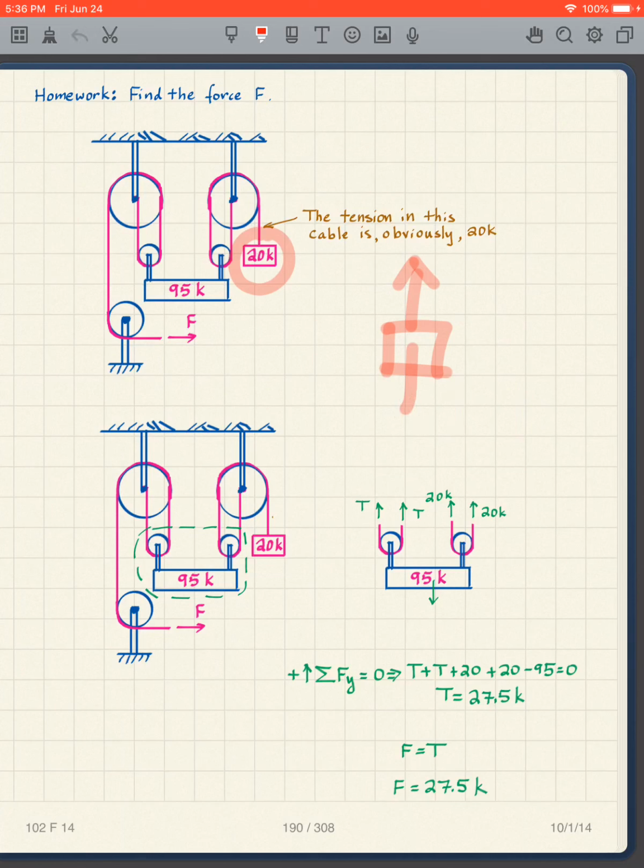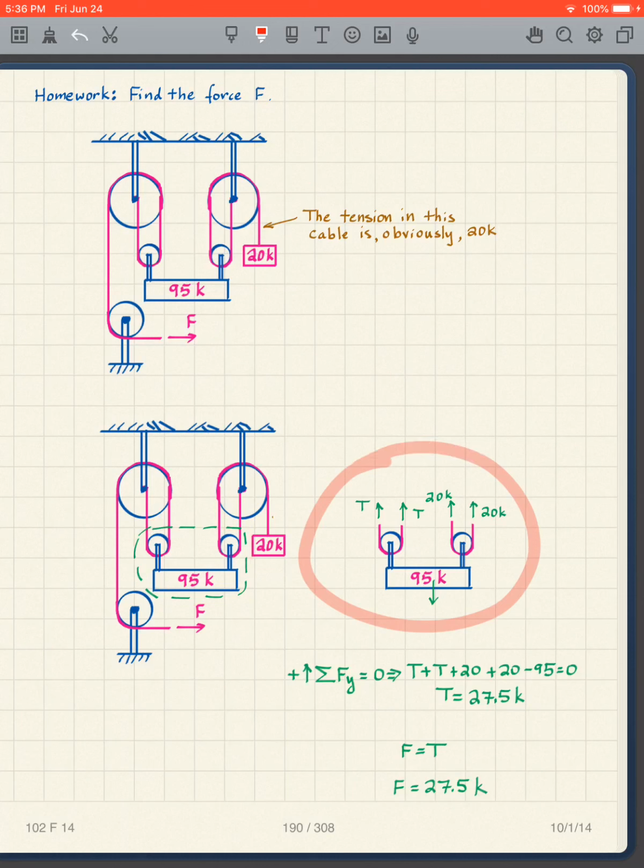T2 is 20 kips. So now I'm going to take this free body diagram down here. I'm going to take the 95 kips. Looks like that. And again, I can do the copy and paste, but we've seen it enough times we end up with that. And what do I know? Well, these are 20 kips. Those two are 20 kips. So I put on those two 20 kips.